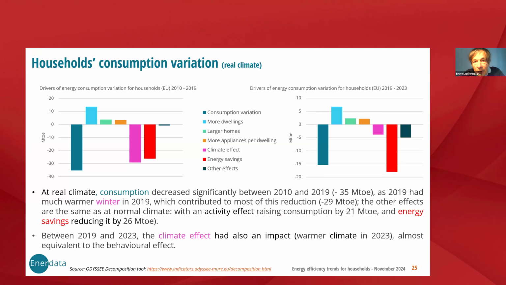Now, if we look at the real consumption, so we don't look at the consumption at normal climate, but at the real climate for the same period, you can see that the effect of the climate, which is shown by the pink bar, was almost the most significant factor over the period 2010-2019, because 2019 had a much warmer winter than 2010.